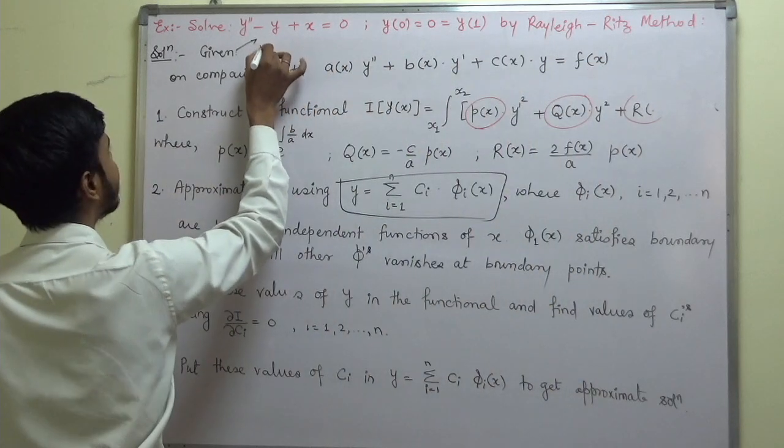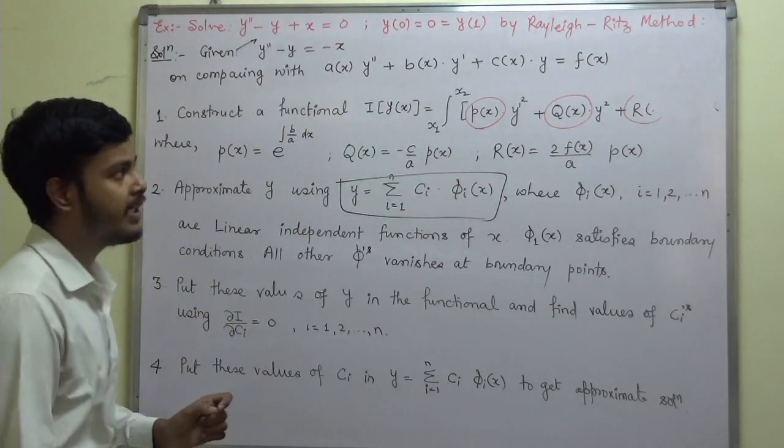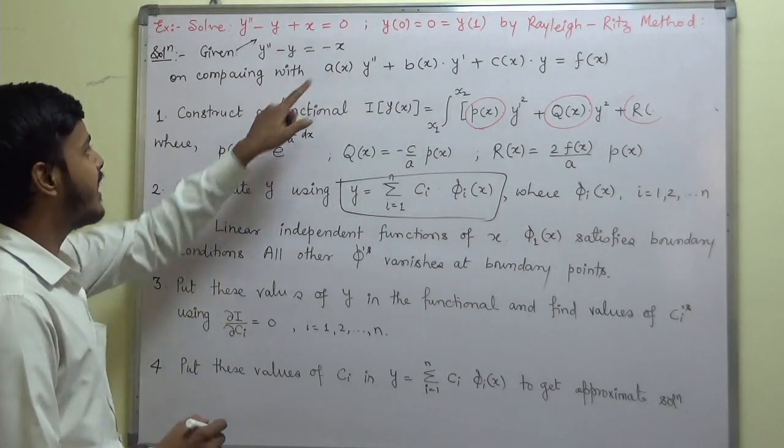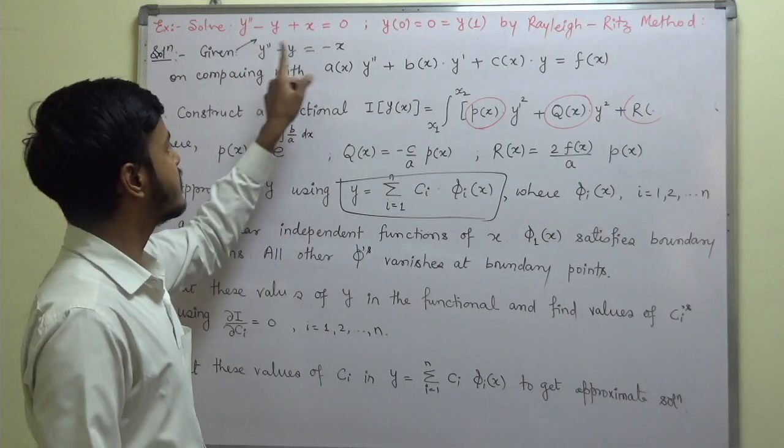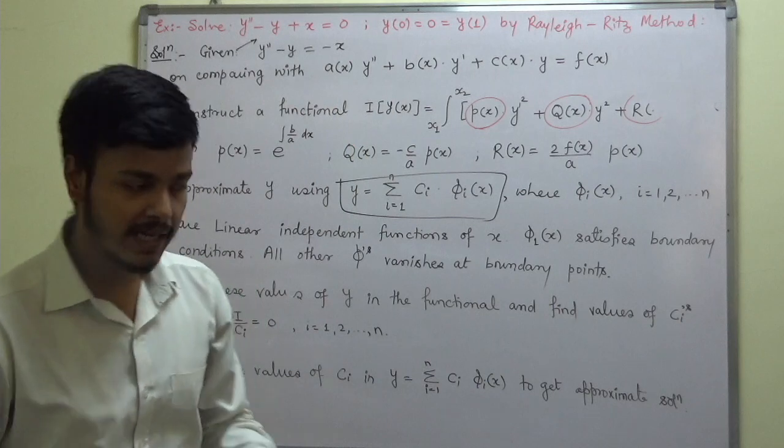In the given, I can write y double dash minus y is equal to minus x. Okay, so what is my a? My a is 1, b is 0, c is -1, and f of x is equal to minus x.